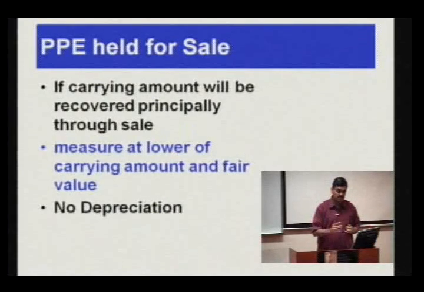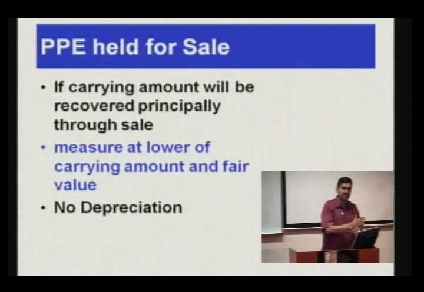So the carrying amount in this case will be shown at the lower of the carrying amount or the fair value, like inventory valuation at cost or market value, whichever is lower, and no depreciation on that, because the entire cost here is principally recovered through the sale. So if there is a PPE which is held for sale, do not treat it like any other PPE which is not held for sale.